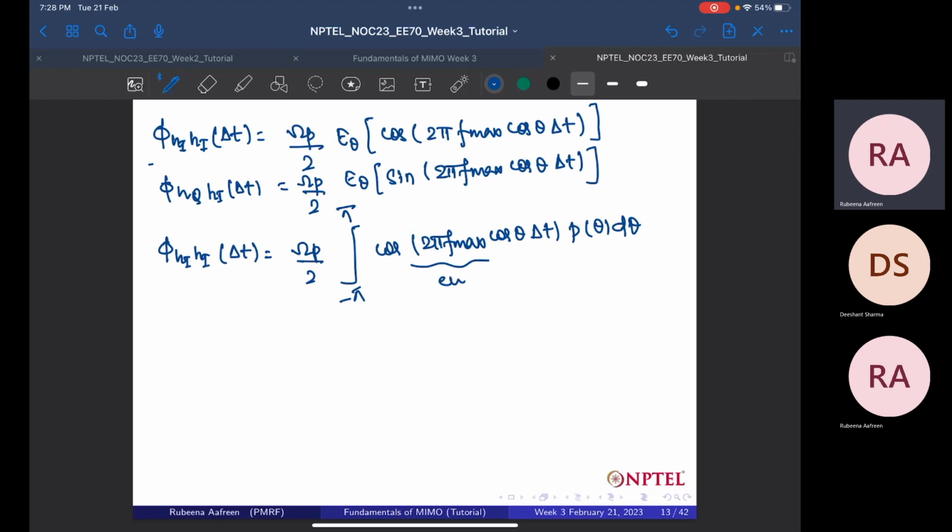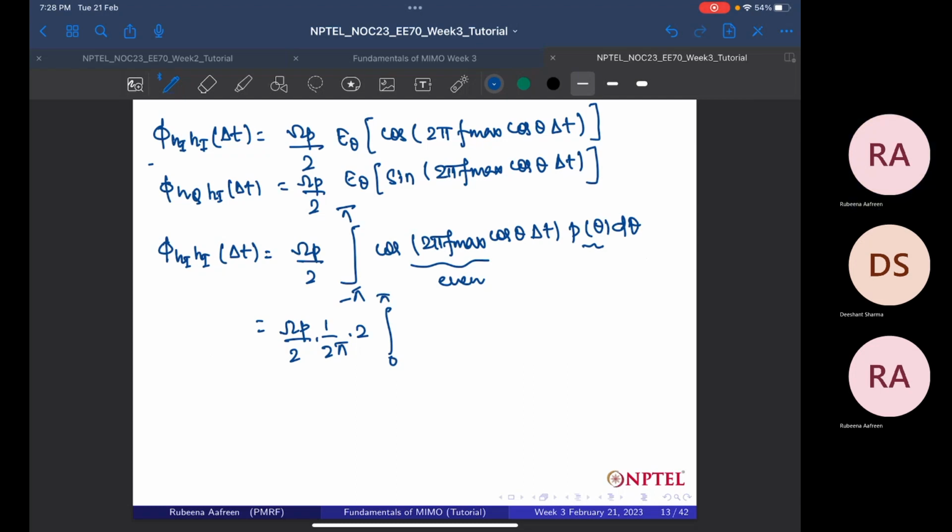And since this is an even function, we can write it as, and p theta is 1 by 2 pi, so we can write it as 1 upon 2 pi into 2, 0 to pi, and then cos of 2 pi f max delta t cos theta d theta.